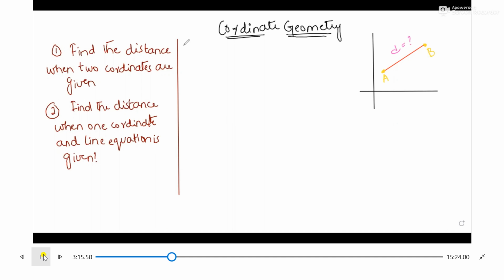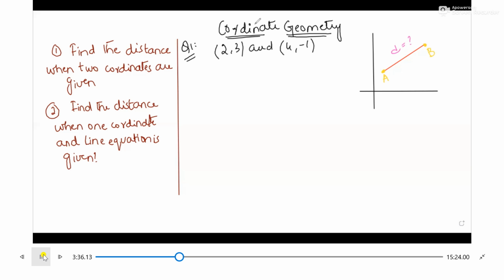Question number 1: two coordinates are (2, 3) and (4, -1), which are given to you, and you have to find out the distance.